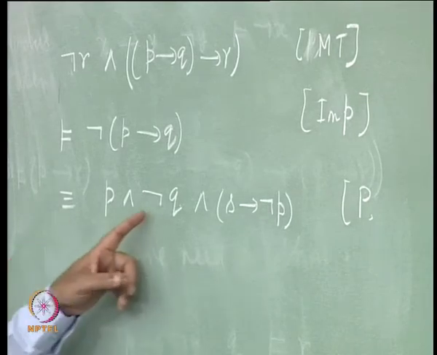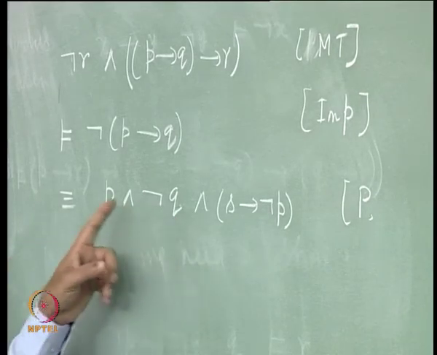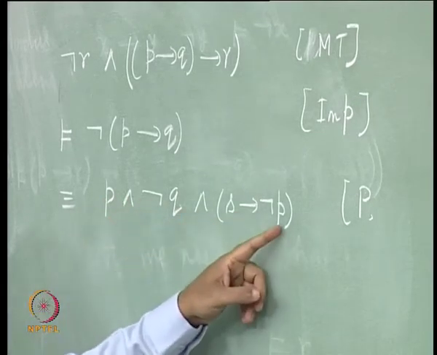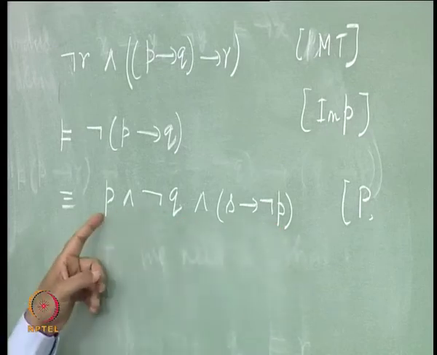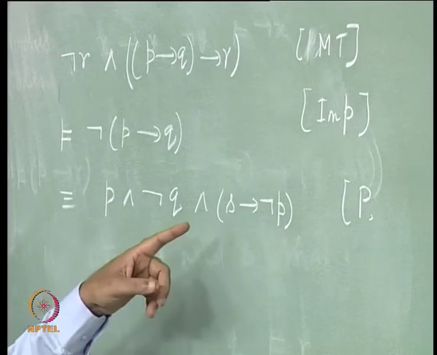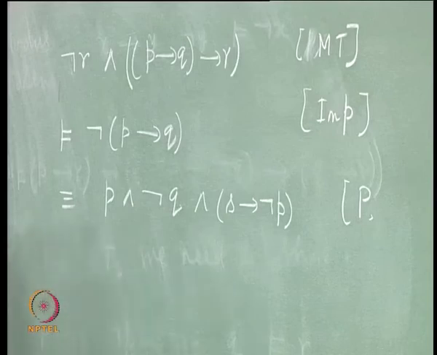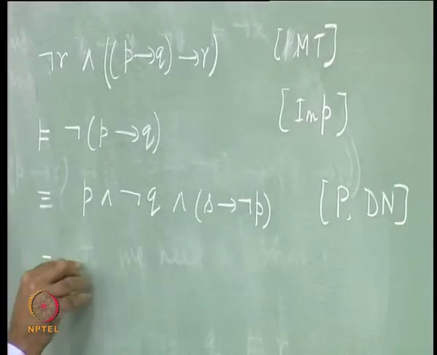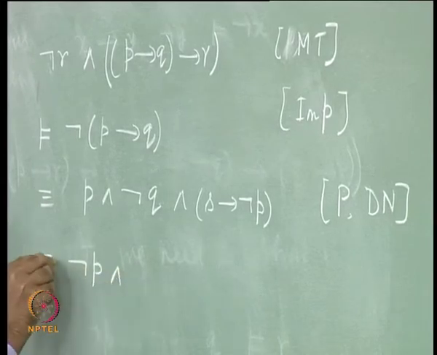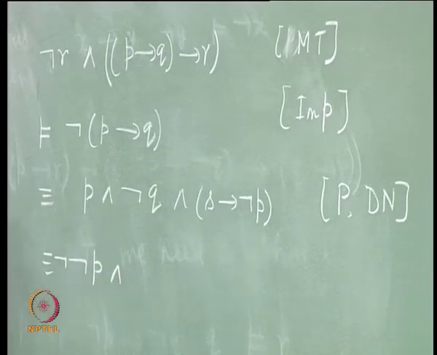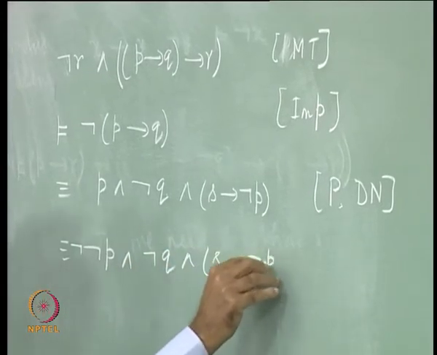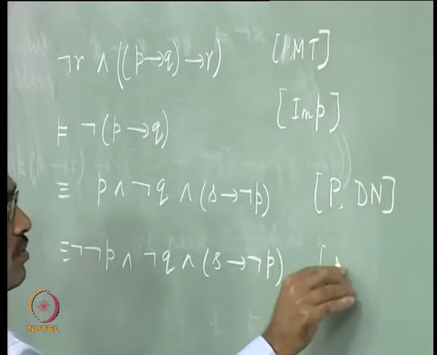And then what else? You want to use modus tollens because S implies not P is here. So first you have to bring it to the not Y form, right. So, double negation, that is equivalent to not P, with another not Q, and S implies not P. Then you go for modus tollens.